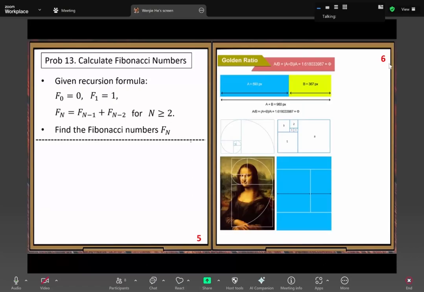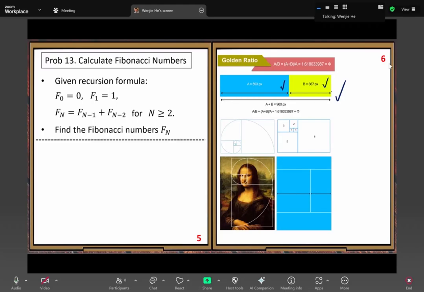For the golden ratio, first we need to know the definition and its properties. The diagram here gives us the definition idea. Later I will explain how to use the line segments. Here you can see a longer line segment and a shorter line segment, then you put them together to get an A plus B line segment.